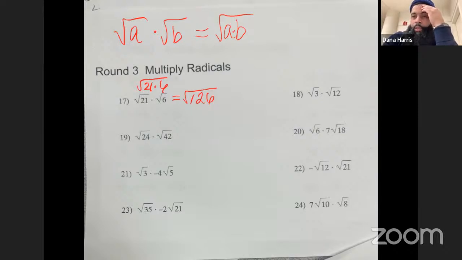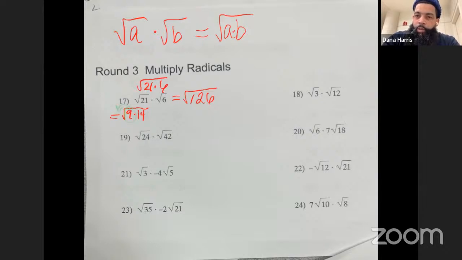Well, if we break 126 down, that equals 9 times 14. And please remember that list. If you create a list, and I'll show you in just a second, 9 times 14. Now, we know that 9 is a perfect square number.